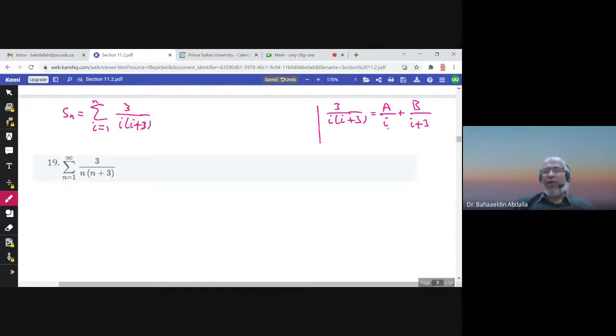So if i is 0, I will get 3 over 3, so A is 1. If I put i equals negative 3, 3 over negative 3 is negative 1. So I can write this as summation from 1 to n, 1 over i minus 1 over i plus 3.